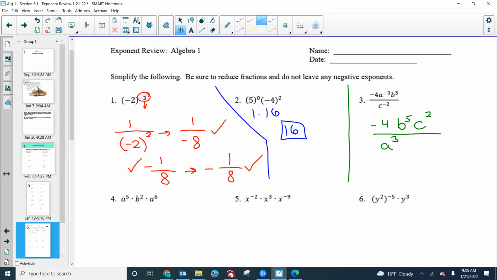Can I ask you a question? Can I ask you 2? What's happening between the 3 and the x? Addition, subtraction, multiplication, division. Multiplication. How do you know? What's happening between the negative 4 and the a? Multiplication.